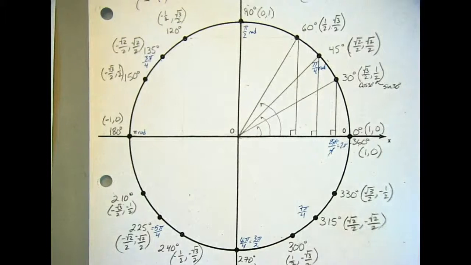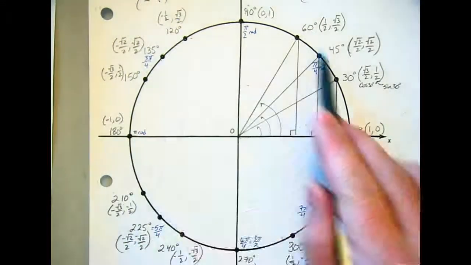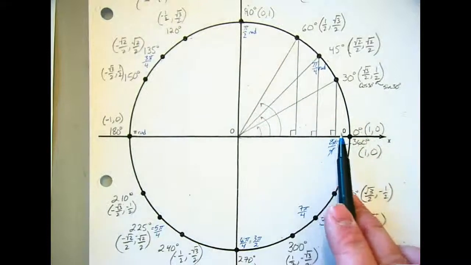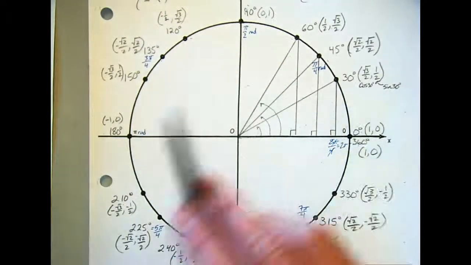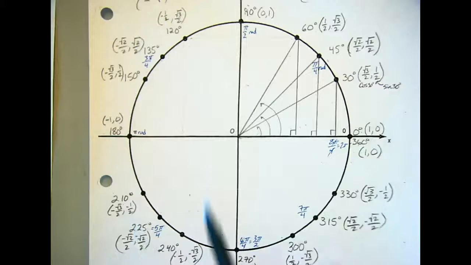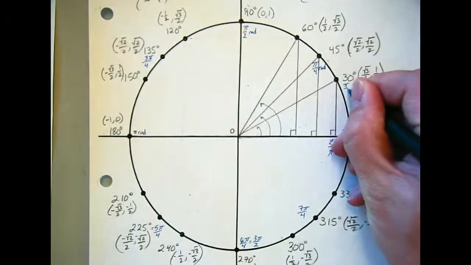All right, so we filled in a good chunk. Now we have to do the 30s. Well, if you think of 180, 30 degrees is what part of 180? How many 30s go into 180? 6. So it's 1/6. So this is pi over 6.